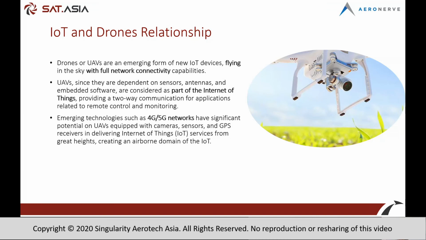So IoT or drones, UAV, some people in the industry term this as an emerging form of new IoT device. It is still at the device or sensors layer, but it's more mobile in the sense that it can fly in the sky with full network connectivity capabilities.